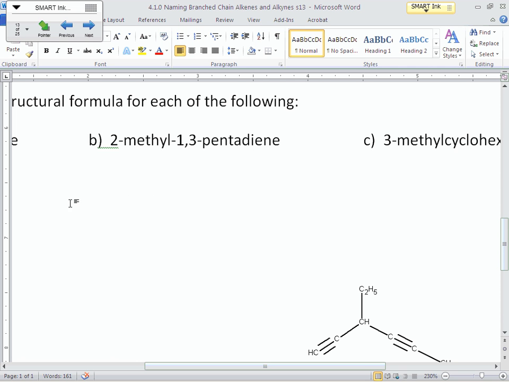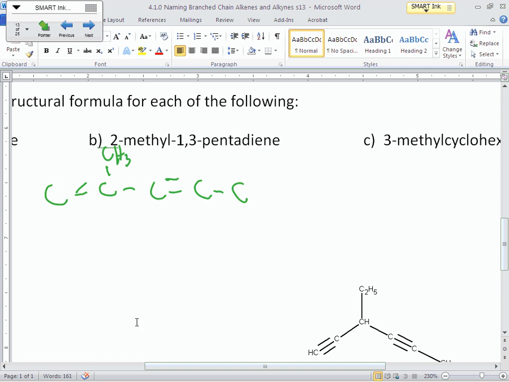Pentadiene. Again, same thing. I just draw 1, 2, 3, 4, 5. 1, 3. Put in my double bond after the 1 and after the 3. Now on the 2, I put a methyl, CH3.